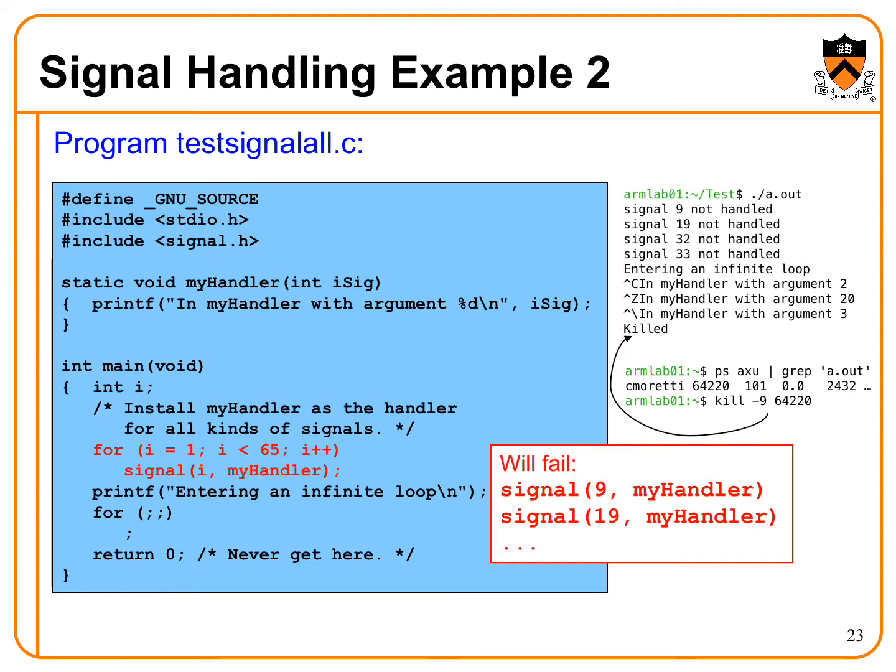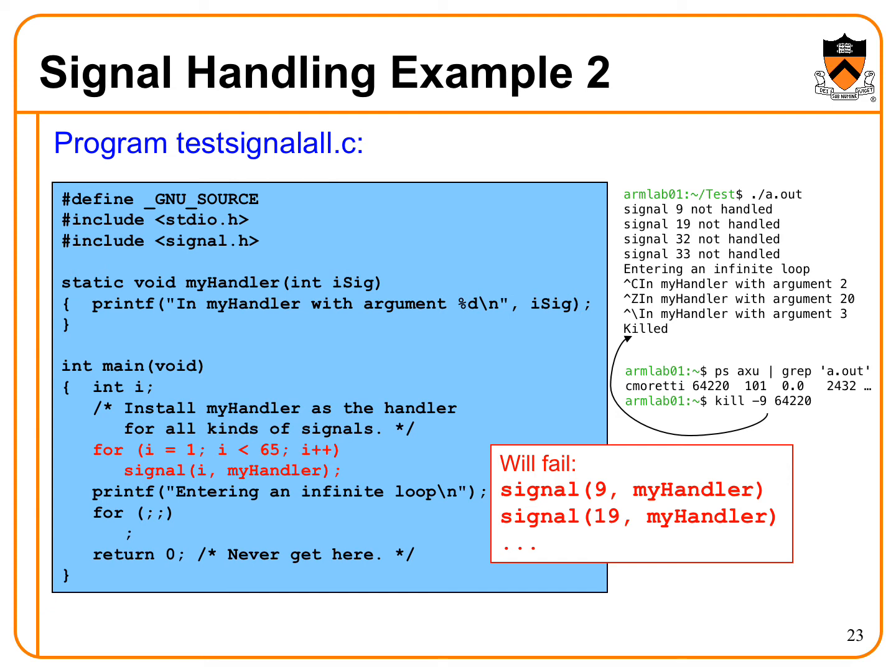Here's another example. In this case, instead of only handling SIGINT, we're going to try to install this handler for every signal. Of course, we know we can't do that. SIGKILL and SIGSTOP can't be handled at all. So here we can mash all the keyboard shortcuts we know and still not terminate our program.